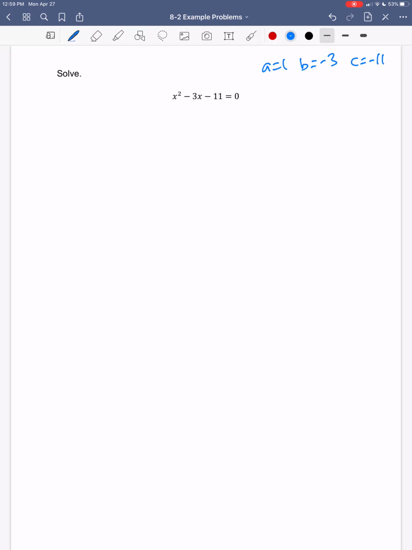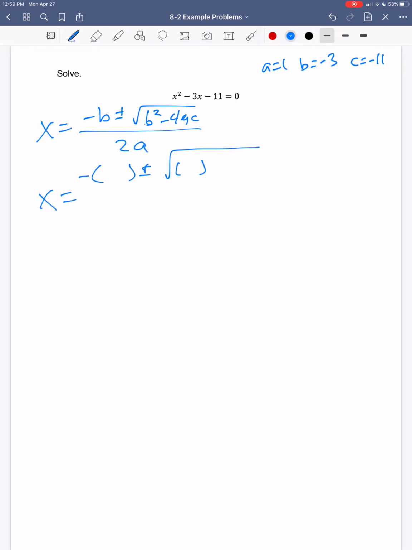So my solution, the quadratic formula, minus b plus or minus the square root of b squared minus 4ac all over 2a. I replace with parentheses. And then I just plug in.